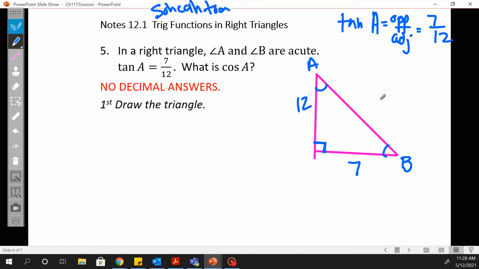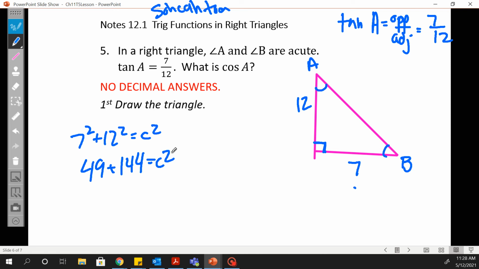So we want the hypotenuse. So we got 7 squared plus 12 squared is equal to c squared. 49 plus 144 is equal to c squared. So we got 193 is equal to c squared. Square root both sides. C is equal to square root of 193.